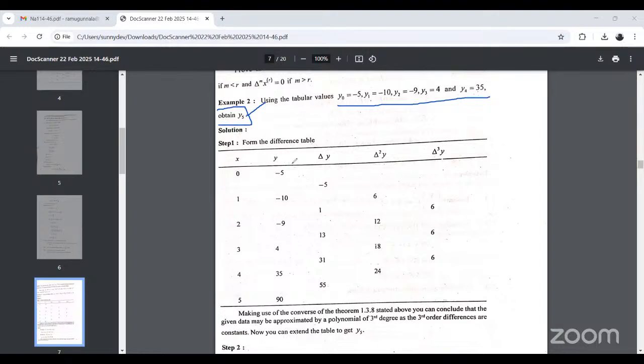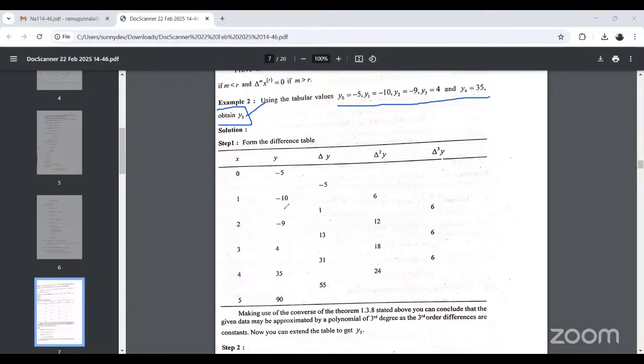So x, y, delta square y, and delta cube y. We write the values of x as 0, 1, 2, 3, 4, 5. And corresponding values of y are -5, -10, -9, 4, 35, and the fifth is 90.